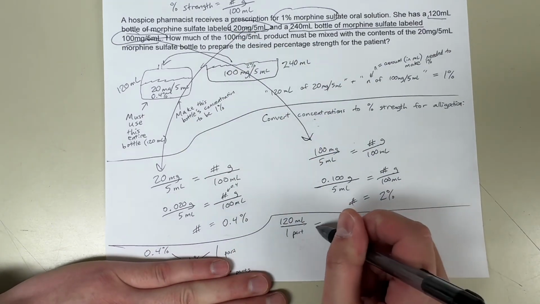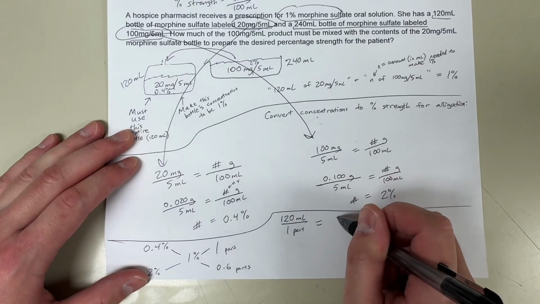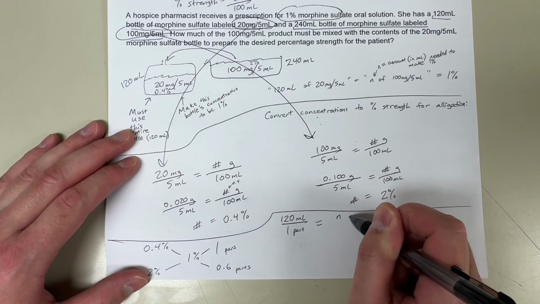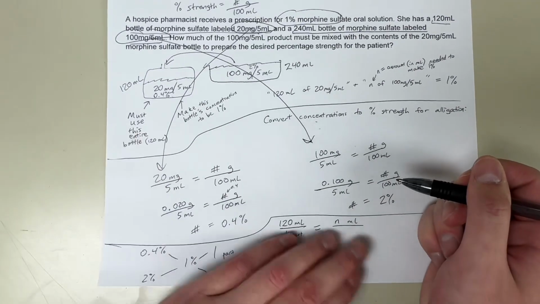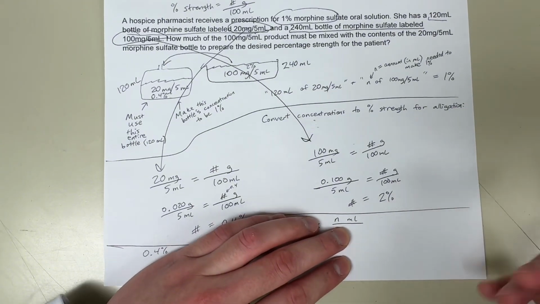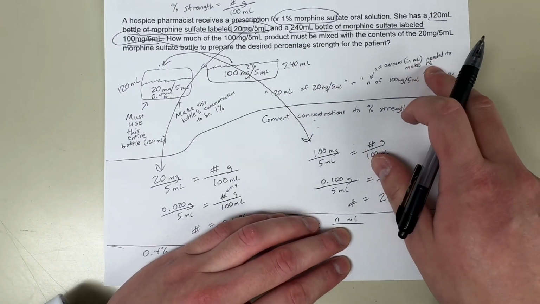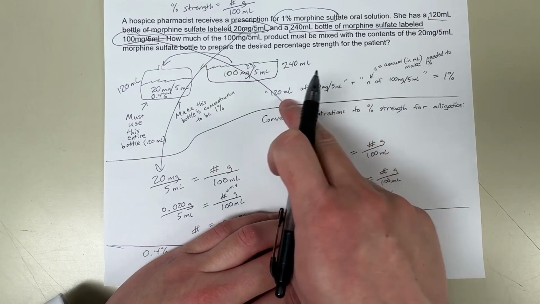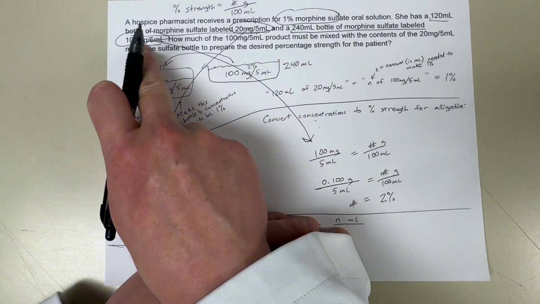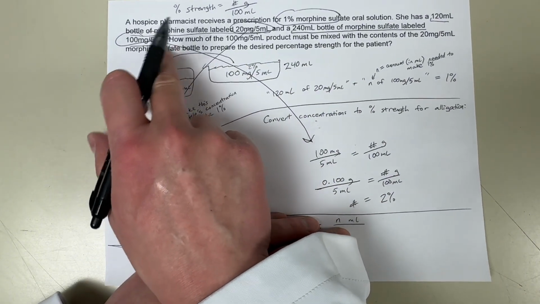And then I'm going to set that equal to some number of milliliters. This N represents the amount of milliliters needed to make the 1% using this 100 milligram per 5 milliliter, which is a 2%.